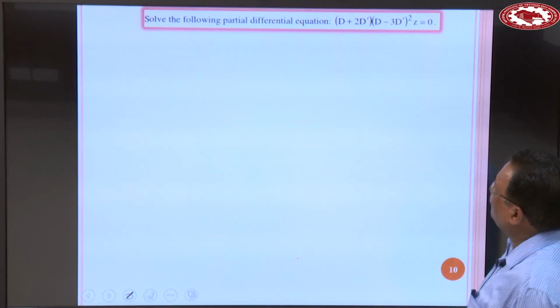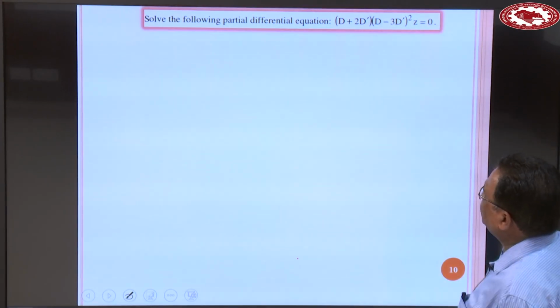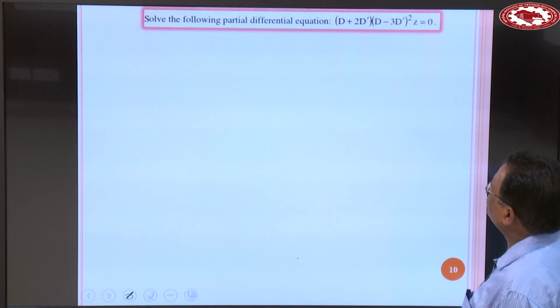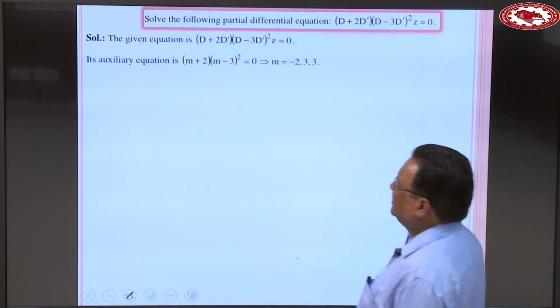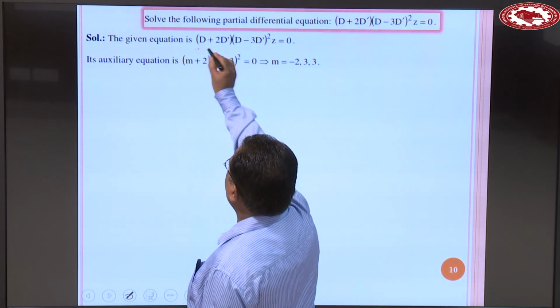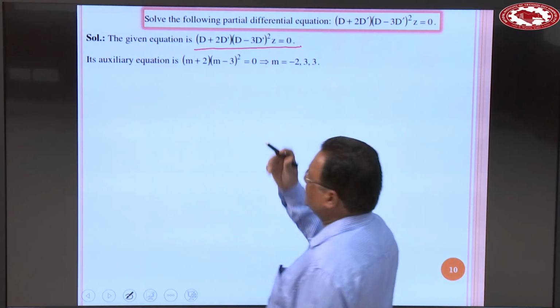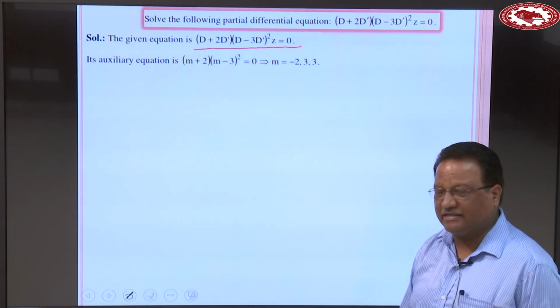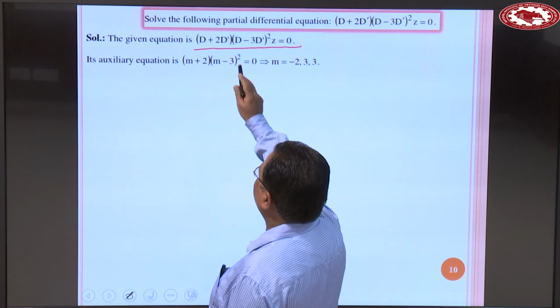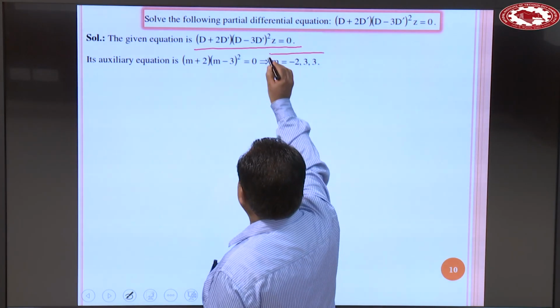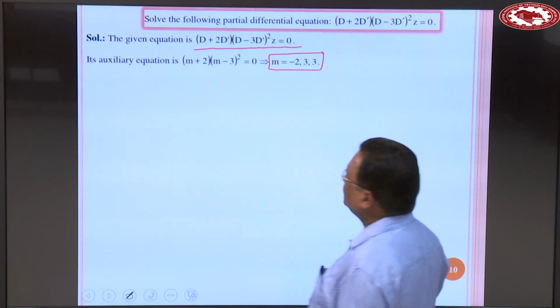Okay. Now one more question: (D plus 2D dash)(D minus 3D dash) square z is equal to 0. Clear? So we already have the symbolical form of this differential equation given. Then its auxiliary equation is (m plus 2)(m minus 3) square is equal to 0. So we get three values of m: minus 2, 3, 3.